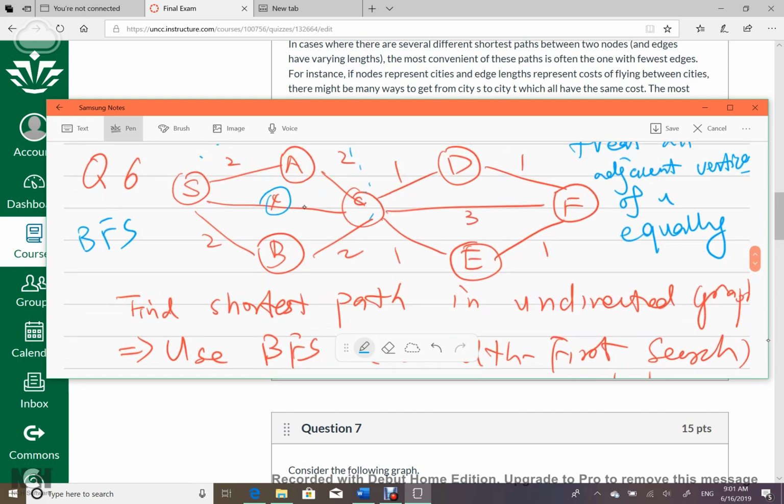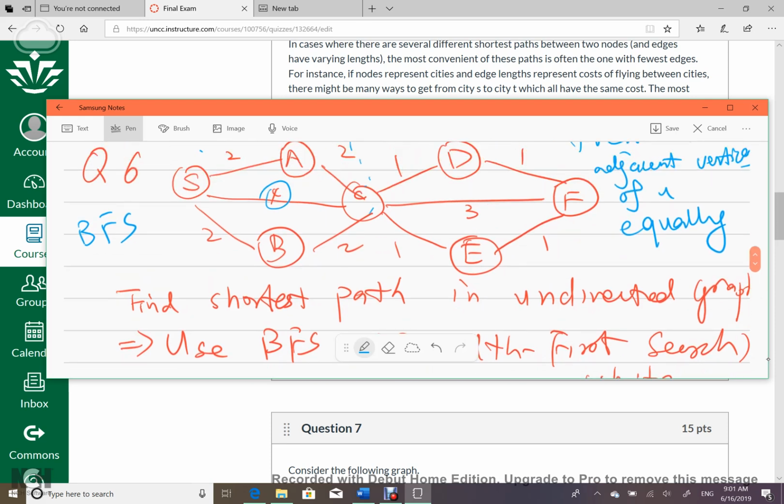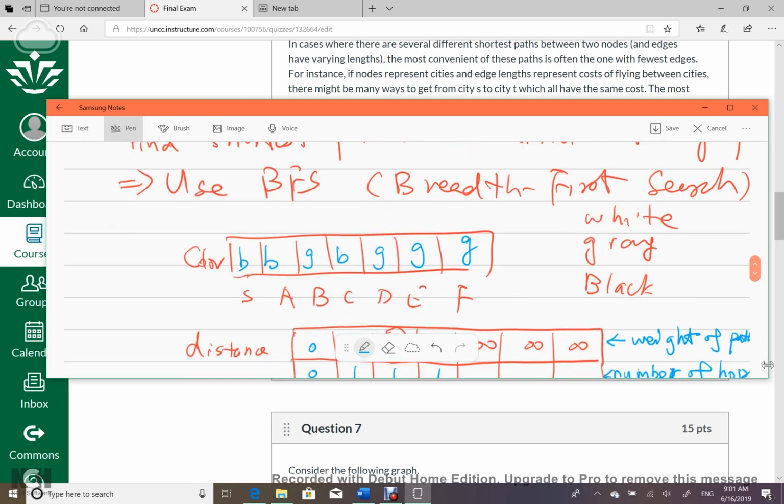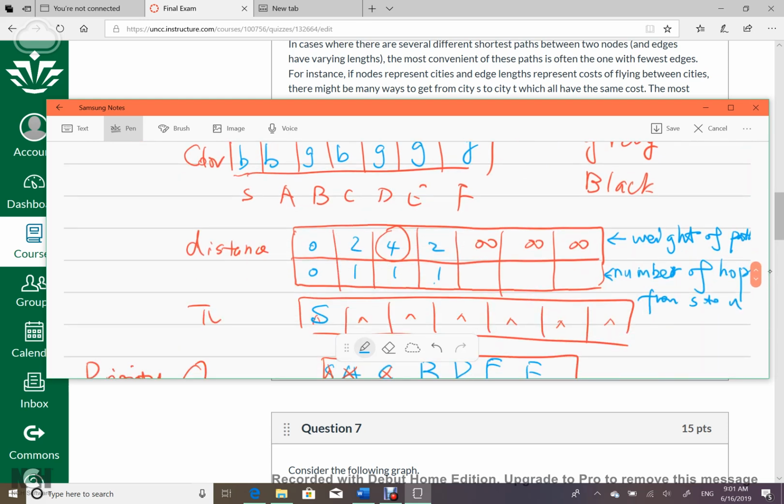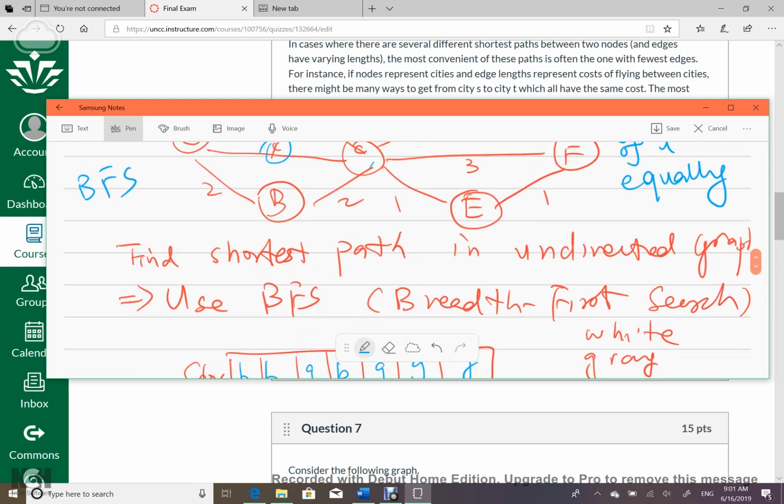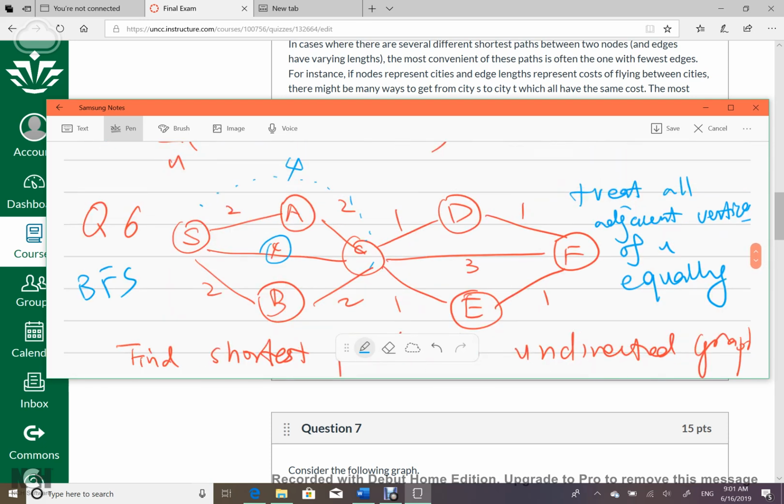And also the distance. Once you already finish, you change that. And the distance from S to D, you base on, since you started from C, right? You get the distance from here plus 1. So based on what you have here, plus the new edges, right?